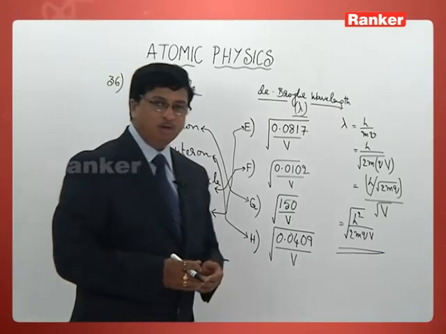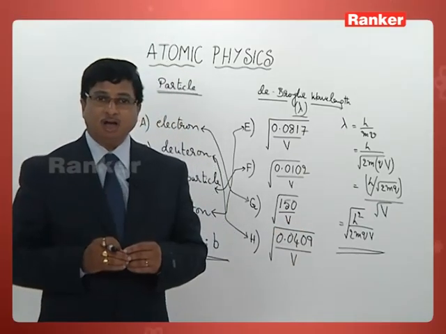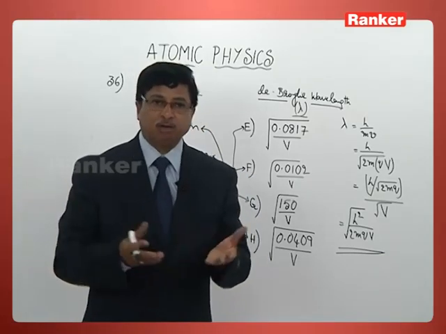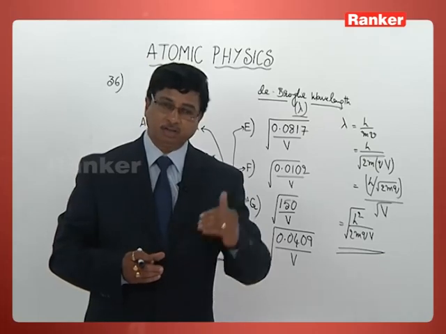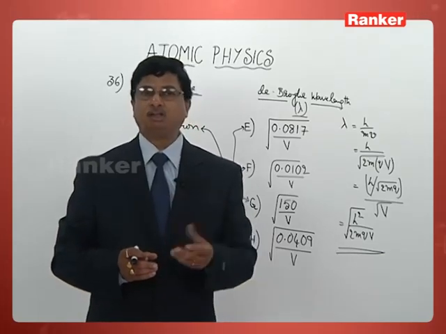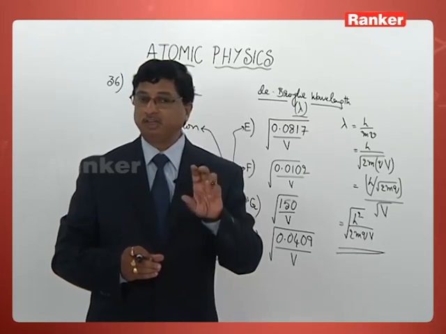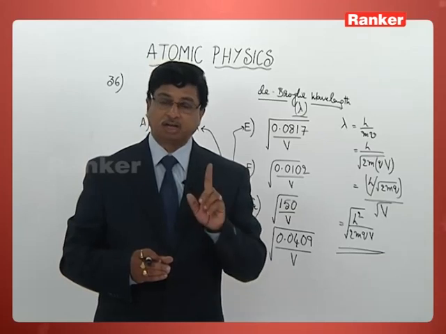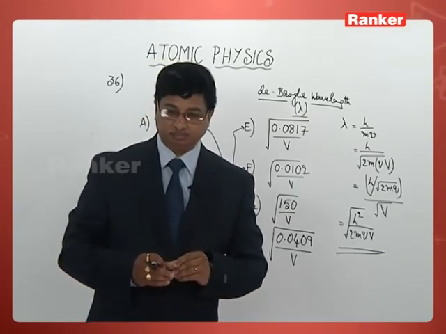Sometimes they may ask you to write them in ascending order, or rather in descending order. Whatever the case, roughly you can estimate the ascending order and the descending order. Any other version also, you will be in a position to answer directly. So this is problem number 36, and the correct option is B.